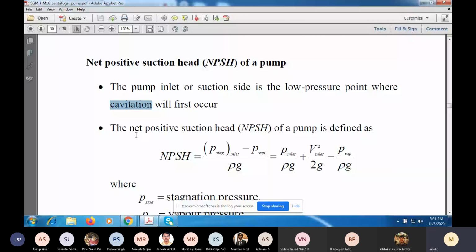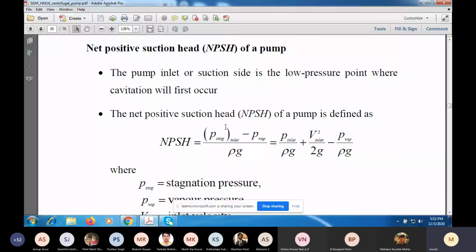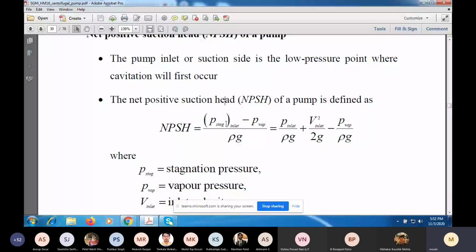So this quantity, net positive suction head, is defined as the inlet stagnation pressure minus the vapor pressure, divided by rho g. And stagnation pressure, you know, is the static pressure plus half rho v squared. Okay, so if you divide by rho g, you have the static pressure head and the velocity head minus the vapor pressure head.